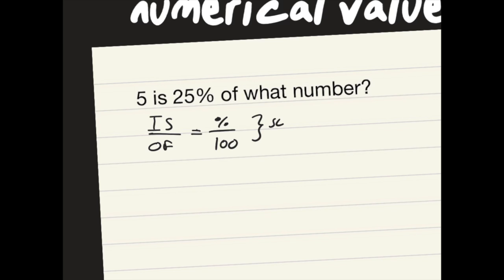Remember, you want to always set up this first. Now let's see. This starts off with 5 is, so I know 5 goes there where is at. This one is the percent, so I put the 25 over 100, so that's my percent. Now what I need to find out is of what number. So this one is the missing value.